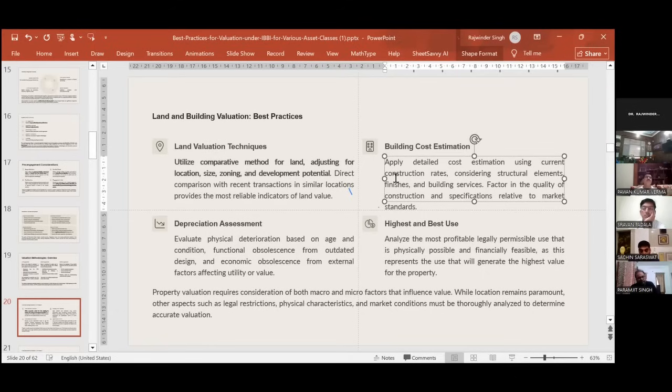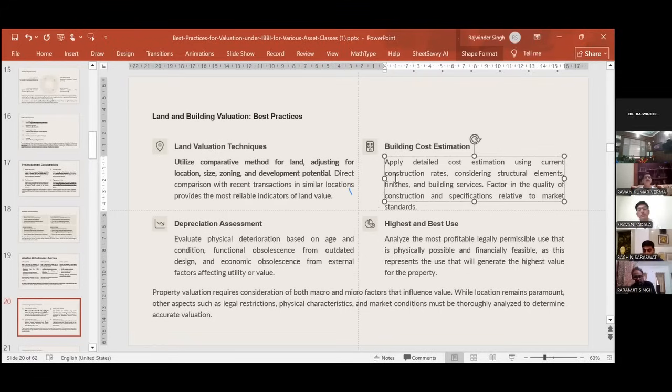But a building is not always new. It has a certain age and certain deficiencies with the passage of time, so we have to consider that as physical deterioration. We also have to consider obsolescence and other things which might have reduced the value of the building.